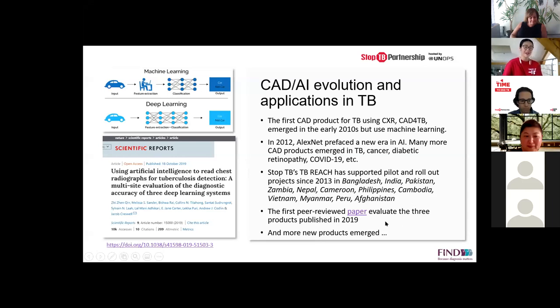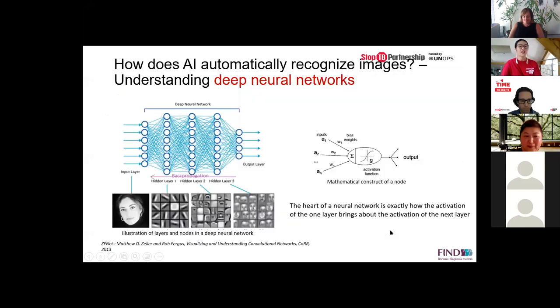But since then, more CAD technology has evolved. Just very quickly, I want to talk about deep neural networks because this is the main method that people use in CAD solutions. But I will not go into the details. I just want to show you a very plain vanilla schematic of the very basics of a deep neural network.